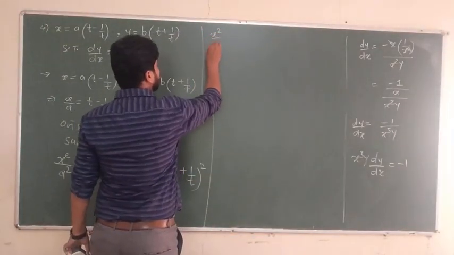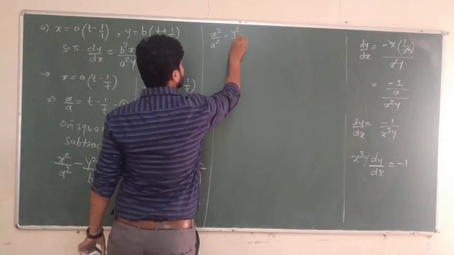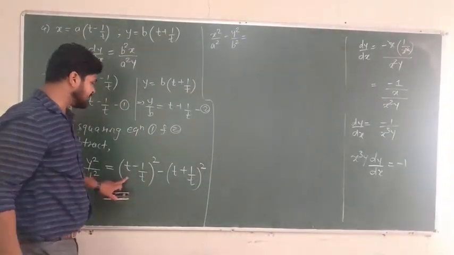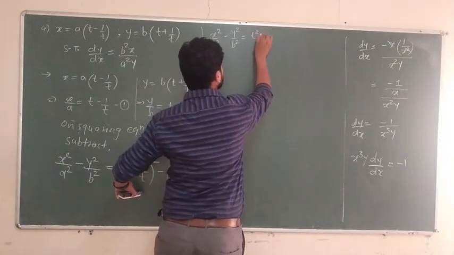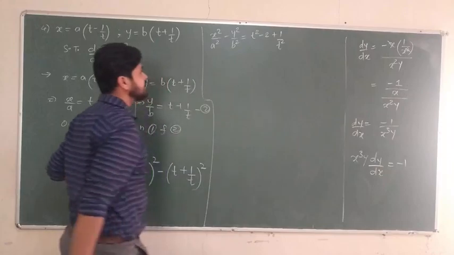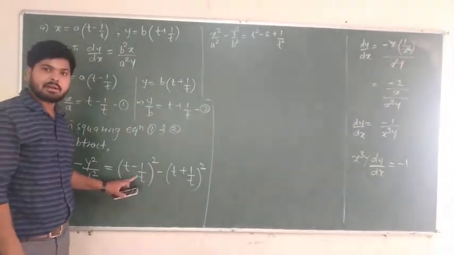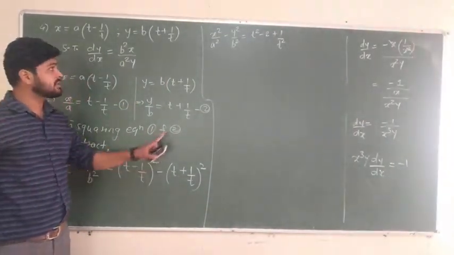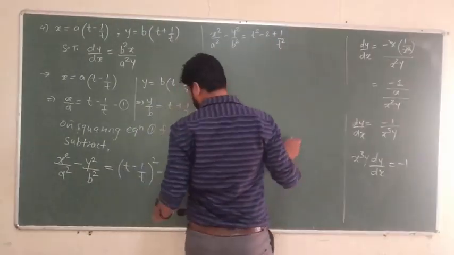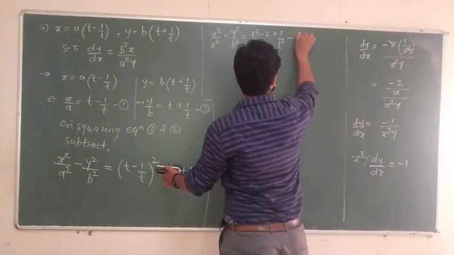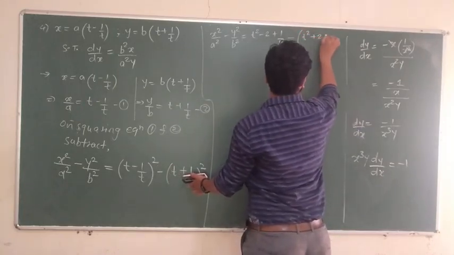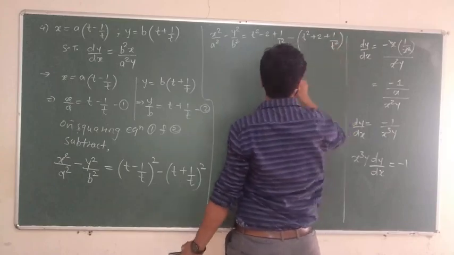x square upon a square minus y square upon b square is equal to t square minus 2 plus 1 upon t square. We are using the formula a minus b whole square, a square minus 2ab plus b square. Then here is a negative sign, so the square of this term is t square plus 2 plus 1 upon t square.